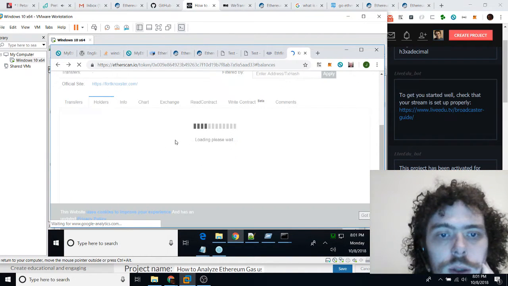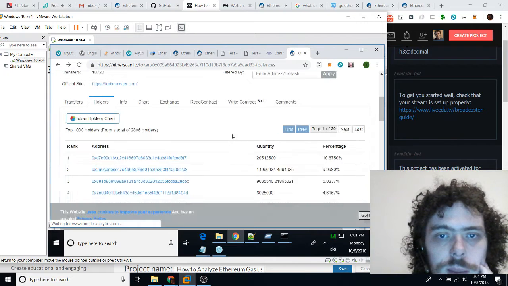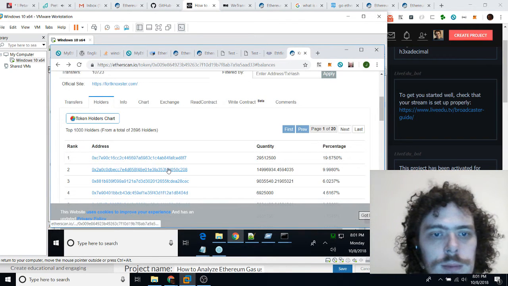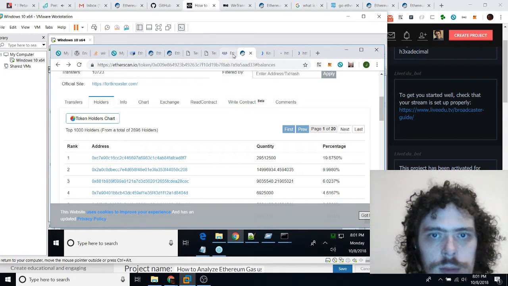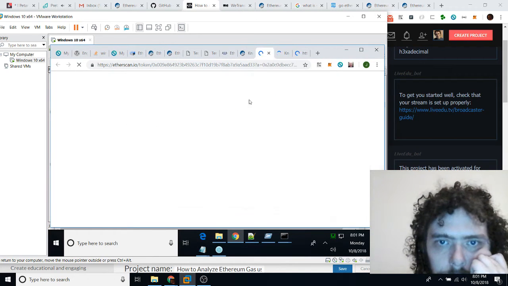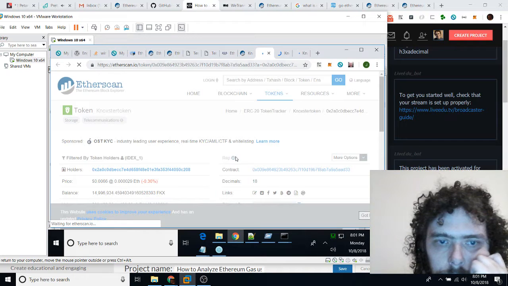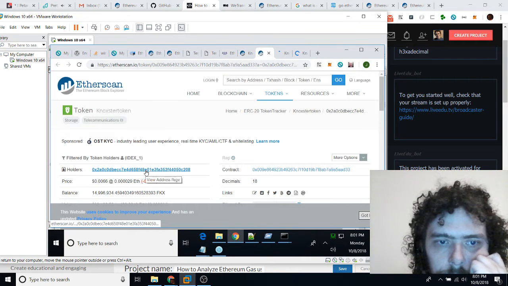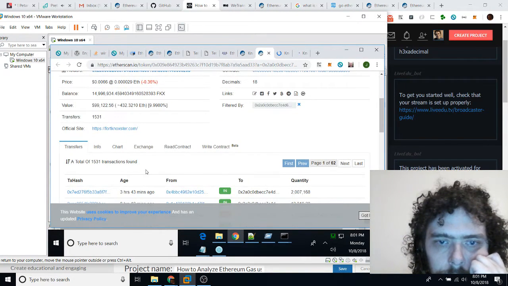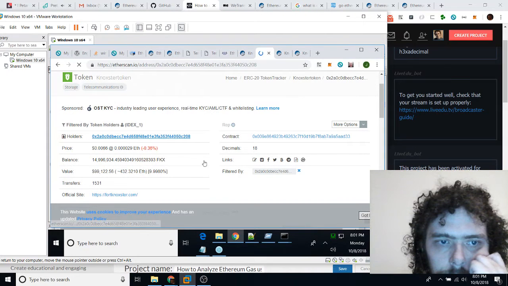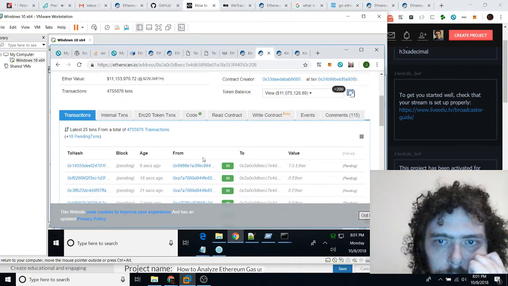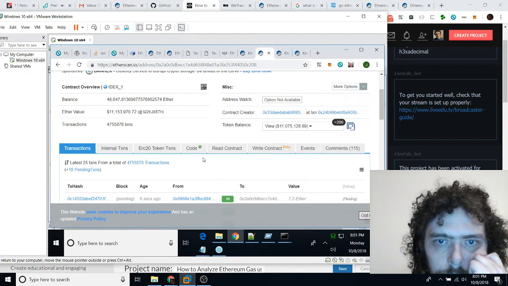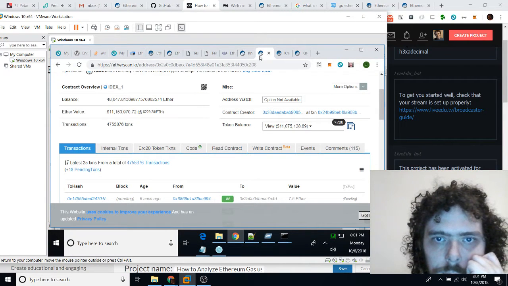They bought $3 million worth of tokens, and I want to find that transaction because they spent about $2 grand on it. This is IDEX, is that what we're looking for?